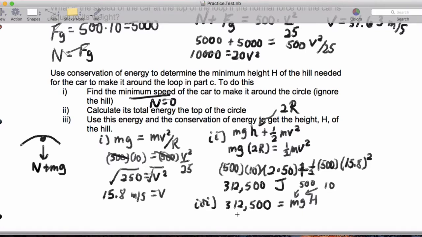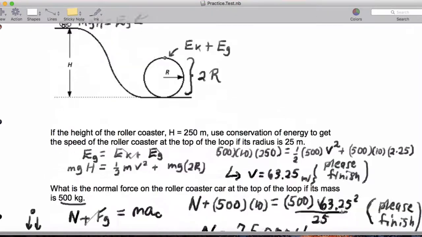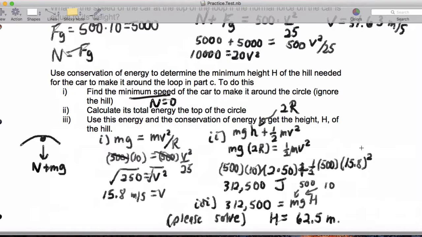And so what we'll end up getting, I'm going to ask you to please solve. We'll end up getting a height of 62.5 meters. So that is the third page of the test, and we'll continue on the next page.